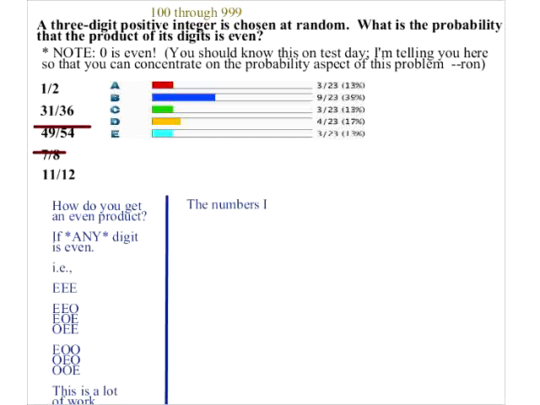Yeah, the numbers I don't want have odd products. There's only one way to do that, which is odd, odd, odd. So all I got to do is find 1 minus the probability of all odd.